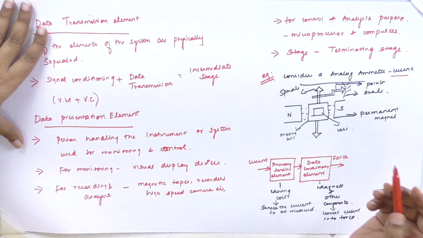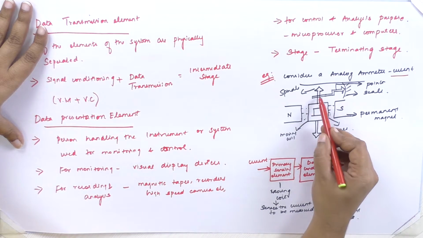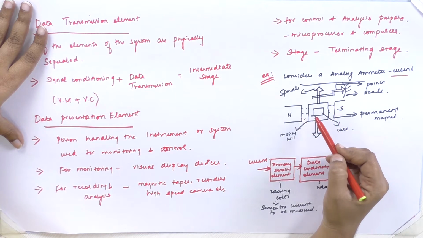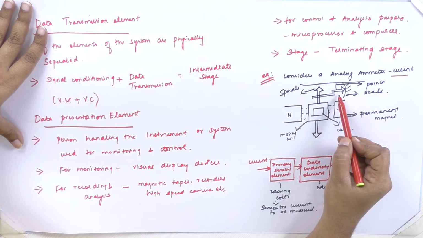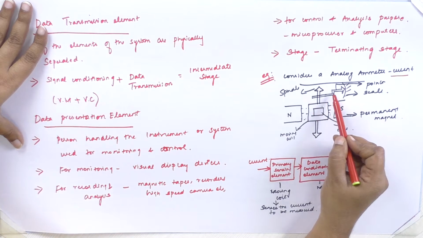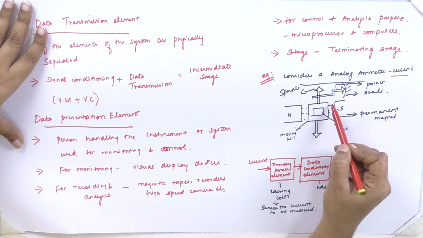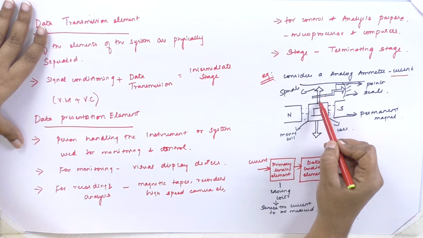Next, what will be the element? Because of the force, the coil rotates, which is connected to the spindle. Now, I have to view the current which is to be measured over this scale with the help of the deflection of the pointer. How does the pointer deflect? The force which is produced in this coil will be transmitted to this pointer with the help of this spindle.